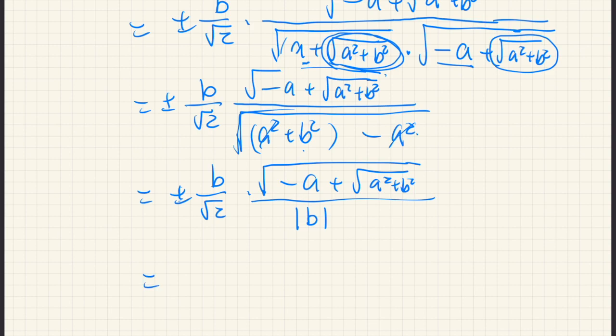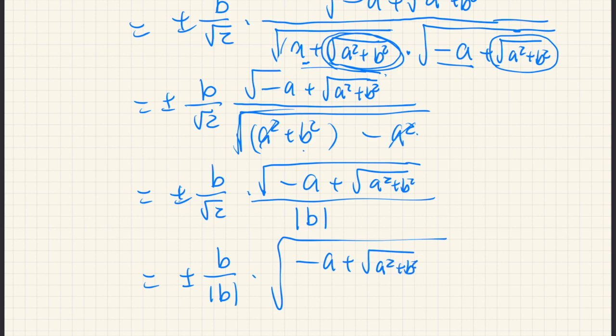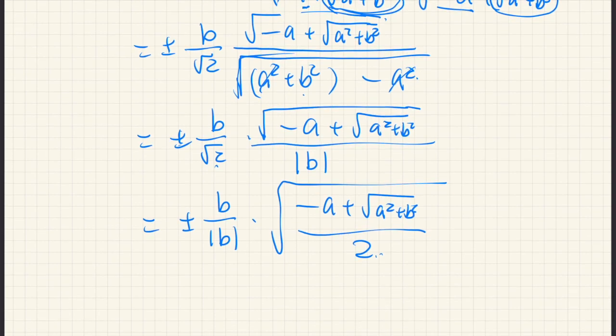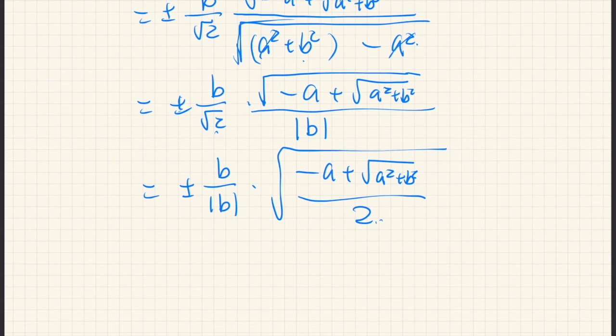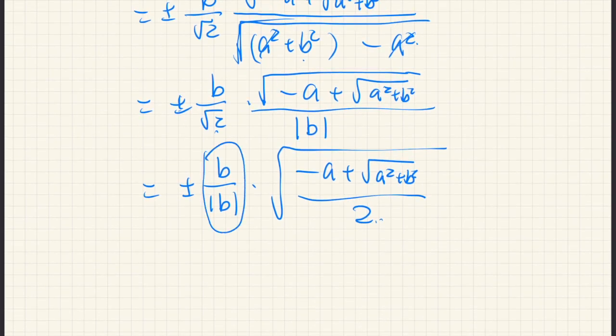So let's simplify this a bit. So b over the absolute value of b and everything here. The 2 comes in here, so this is what we have. So b over the absolute value of b, what is it?